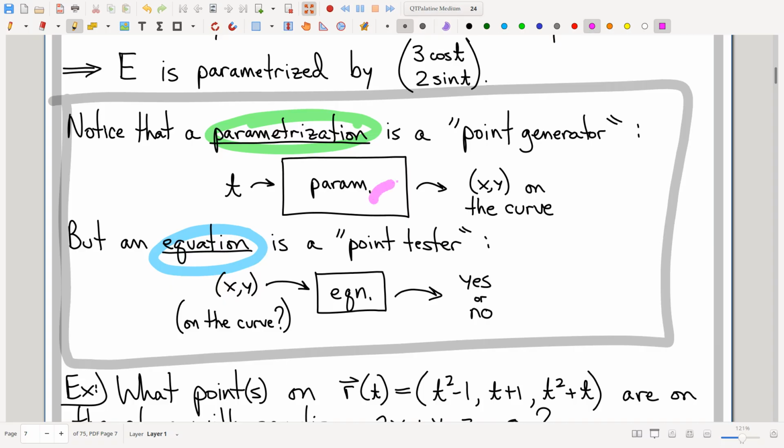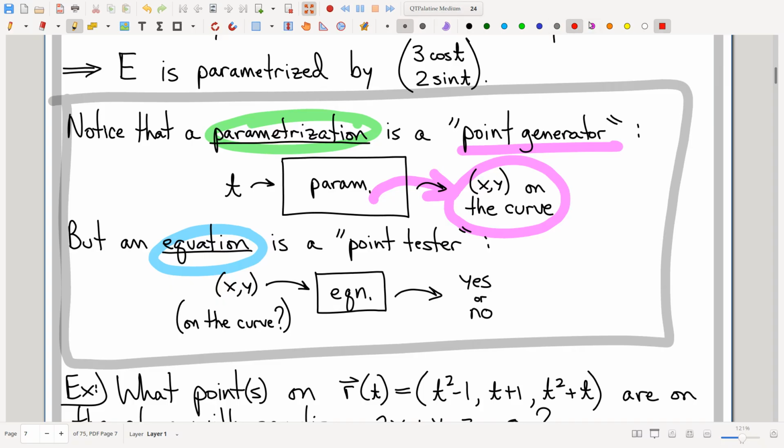Parameterization spits points out. It generates points. You give me a value of t, we plug in, and we produce as output a point on the curve. That's not what equations do. Equations do not produce points.